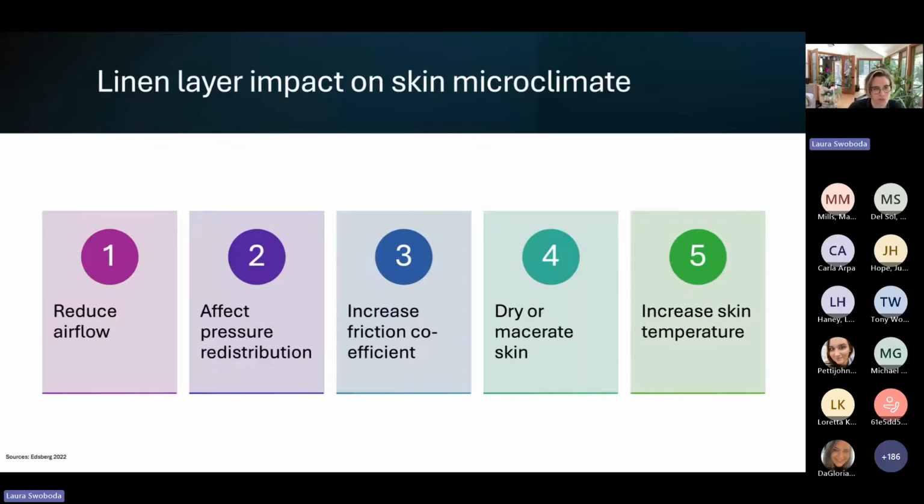We're going to increase that friction coefficient that we talked about, the sticking of your skin against it. And it can dry or macerate the skin. So we're impacting that brick and mortar structure of the skin and its ability to disperse friction forces and shear forces. And it also increases the skin temperature. So all of these things are different ways that linen layers will impact the skin microclimate.